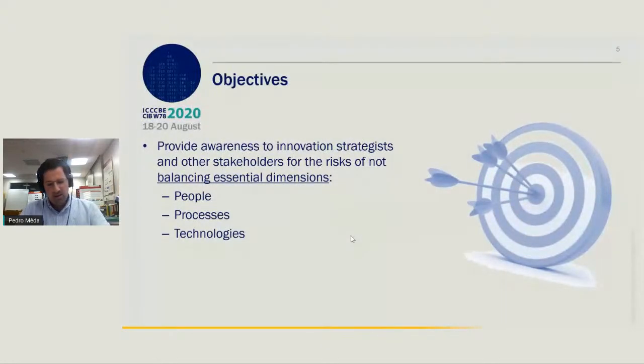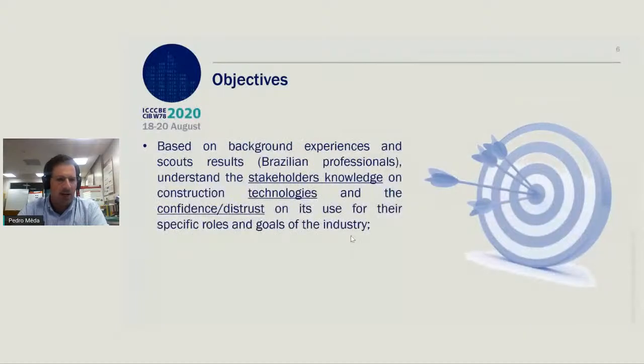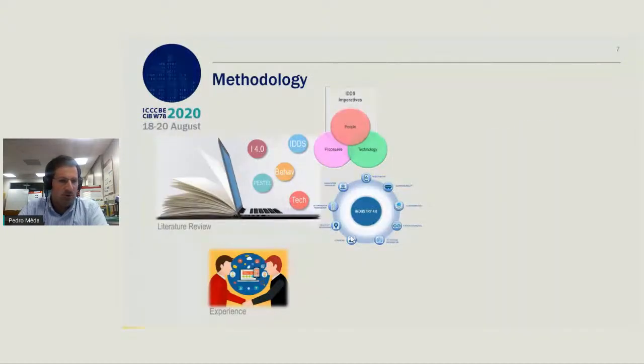So we took the opportunity of having the integrated design and delivery solution research roadmap from CIB, and we balanced the dimensions of people, process, and technology. So based on the background experiences and scouts from Brazilian professionals, so people that are working in supervision and design, we can understand the knowledge regarding some technologies and the confidence and distrust of their use.